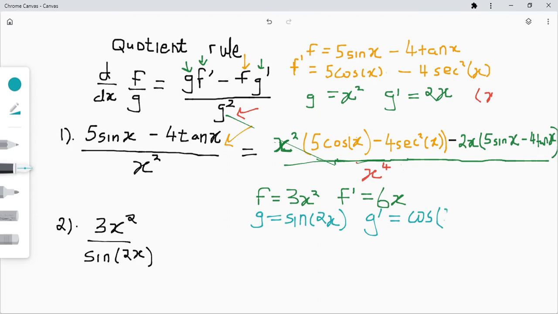Let's not forget to derive the 2x too. The derivative of 2x is 2. So if we arrange this answer, g prime is 2 cos 2x.